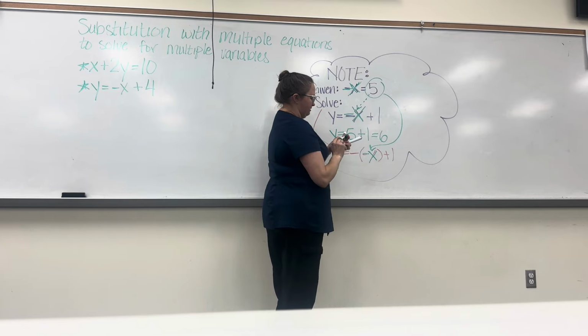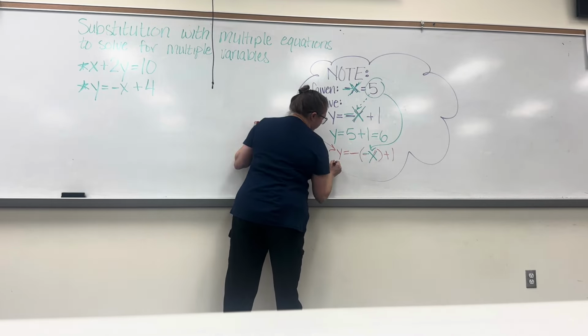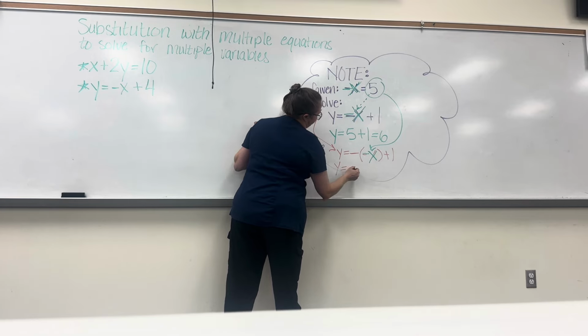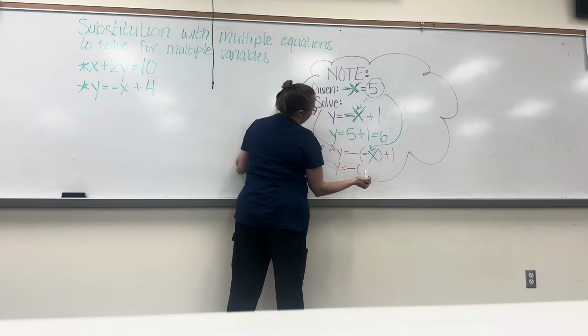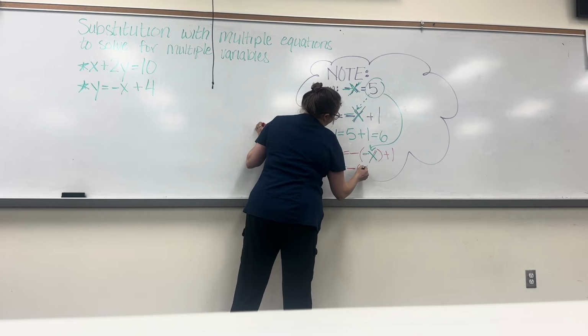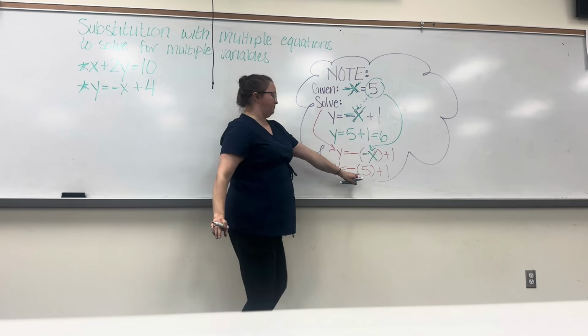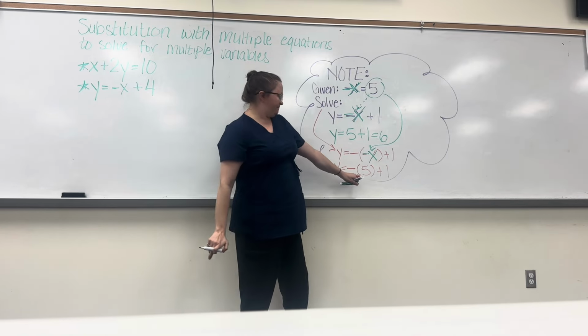So let's rewrite this. Y equals, there is a negative now, okay? And in this little box, we have this substitution of that 5 plus 1. So now that 5 is officially negative, okay?